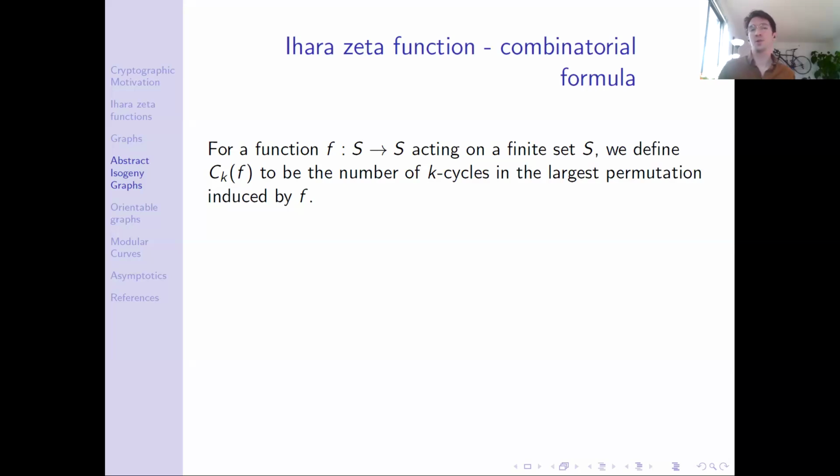So let's start with the combinatorial formula. To do this, we introduce just a little bit of notation. If you have a function acting on a finite set S, then there's some largest subset where the function acts as a permutation. This is maybe intuitive.